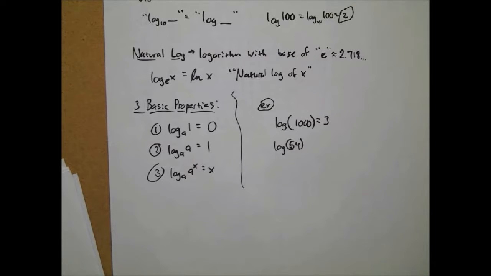Why between 1 and 2? Because 54 is between 10 and 100. So log of 10 is 1, and then log of 100 is 2.